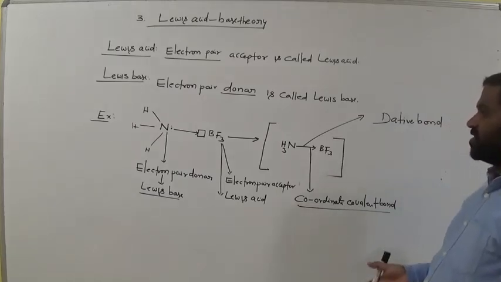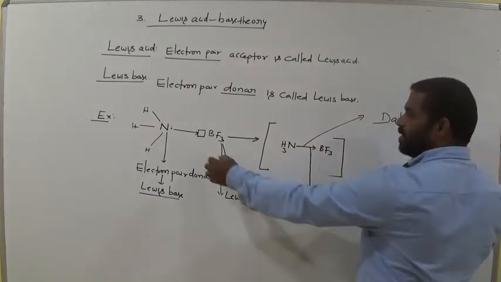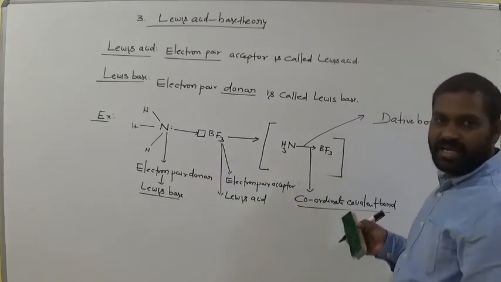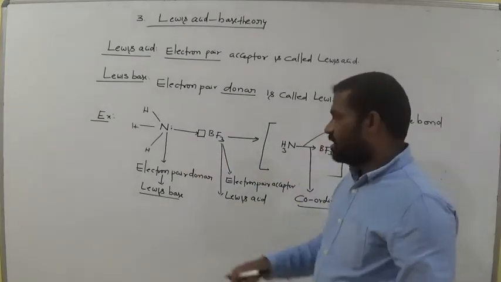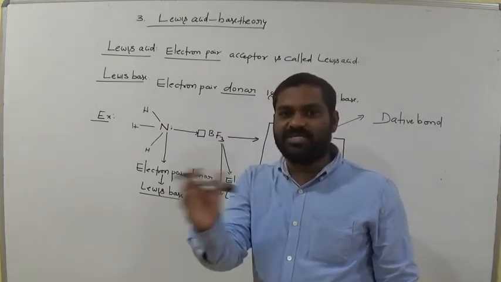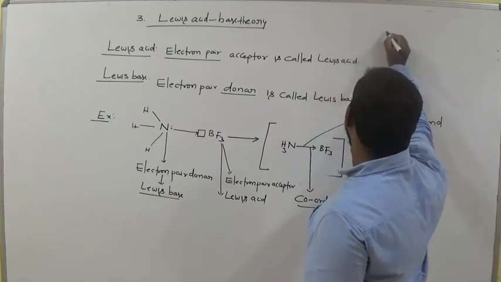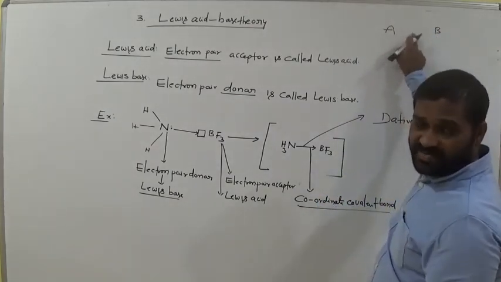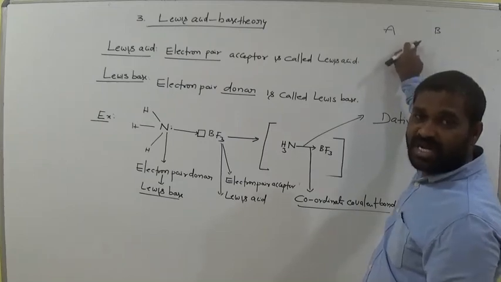Okay. So actually, if ammonia and boron trifluoride form the bond, this bond needs 2 electrons. If you want to make a bond between two atoms, this is atom A and this is atom B, we need 2 electrons.